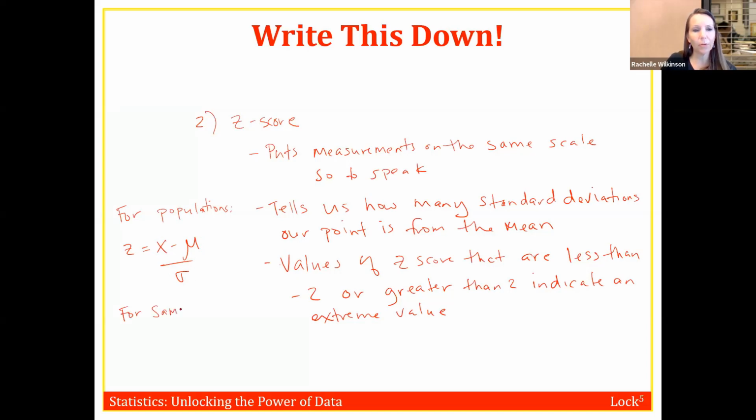For samples, same process, only we use different notation for the sample mean and the sample standard deviation: X minus X bar over S. A positive Z-score meant our value was above the mean, and a negative Z-score meant the value was below the mean.